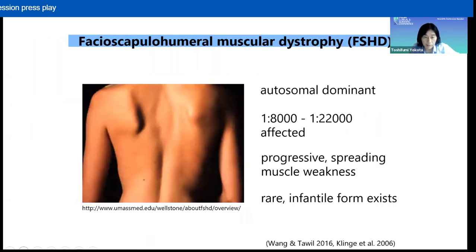For facioscapulohumeral muscular dystrophy, we use the gapmer approach. Basically FSHD is an autosomal dominant disease, and 8,000 to 22,000 are affected. It's progressive spreading muscle weakness, and a rare infantile form also exists, and this is a much more severe disease. This is basically the third most common form of muscular dystrophy.